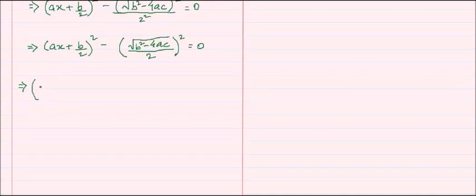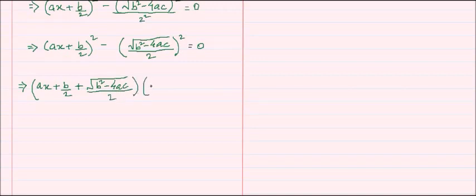This is ax plus b by 2. The whole of this part, that is the two terms, constitutes the a part. And next is this part, plus under root b square minus 4ac by 2.